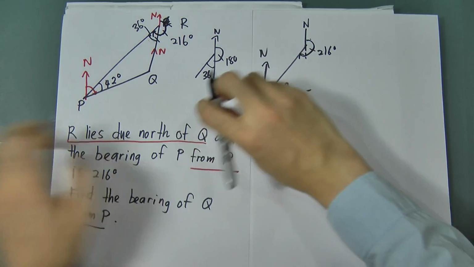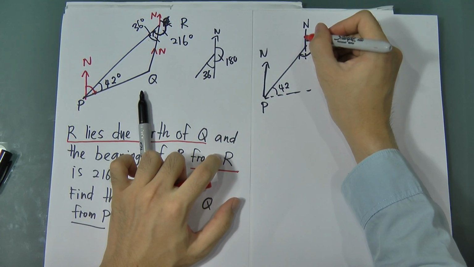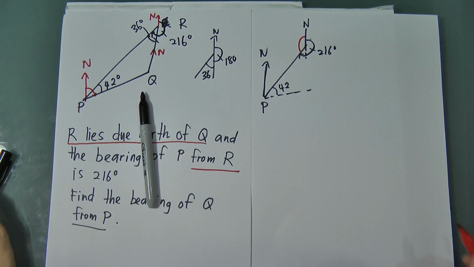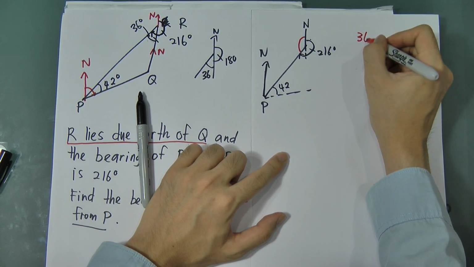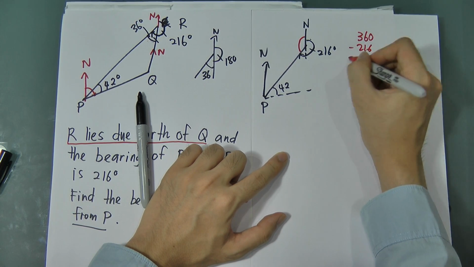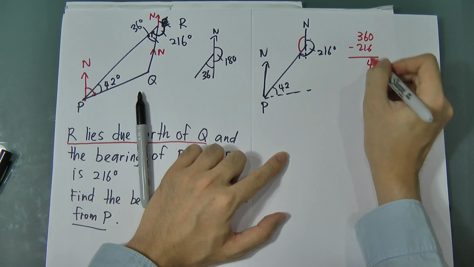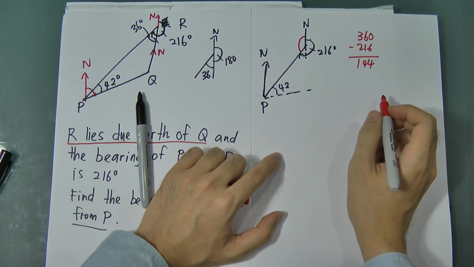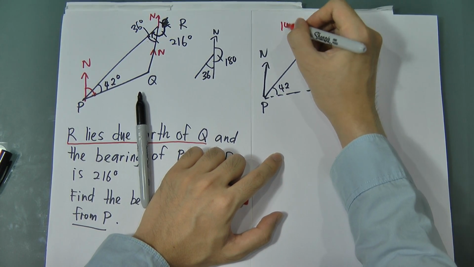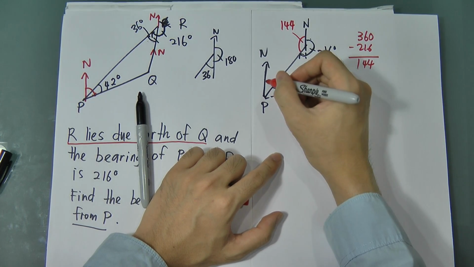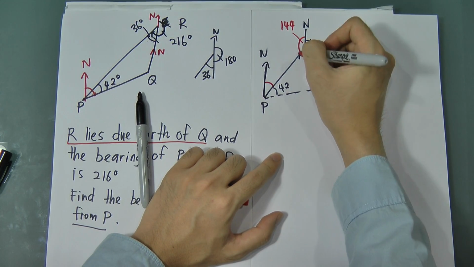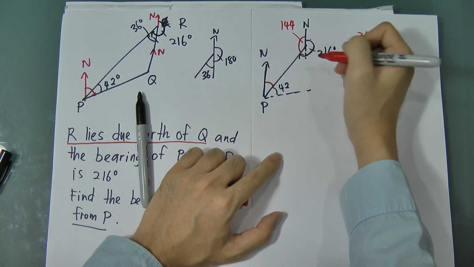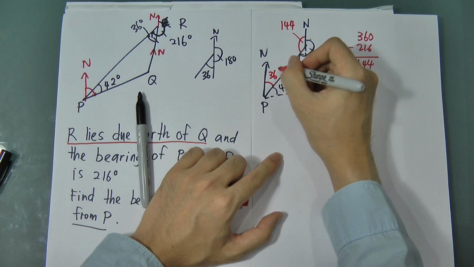So we can get this angle by using 360 minus 216, which gives 144 for here. Obviously the angle over here, this one plus this one equals 180, because it's parallel lines, A plus B equals 180. So this one is 36.